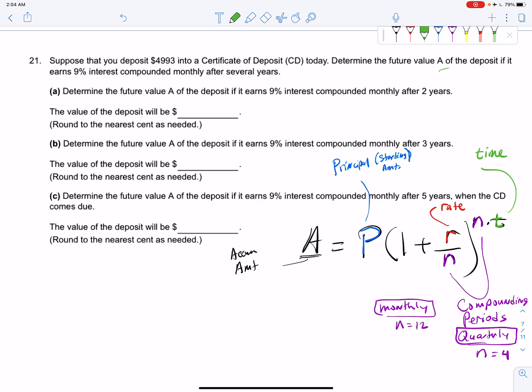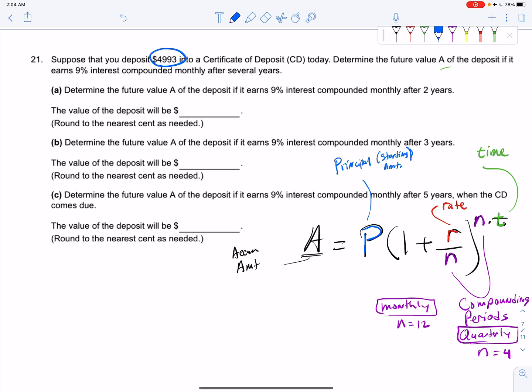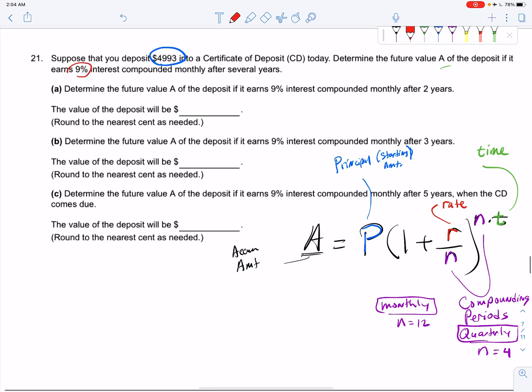We've got the starting amount, the principal. And we've got our interest rate, R, which is going to equal 0.09. It must be written as a decimal.